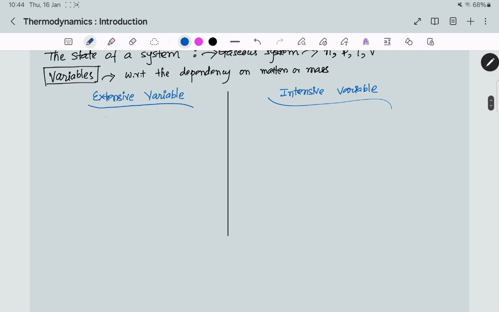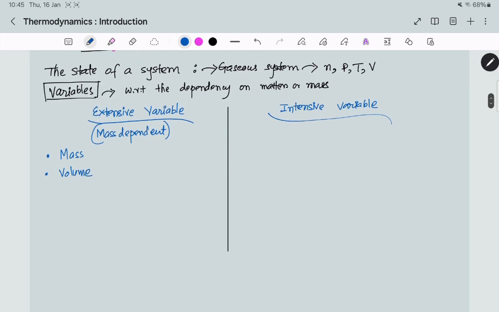So extensive variables will be mass dependent. Okay, so first example will be mass, second will be volume, right? Mass, volume. And intensive variables are mass independent.